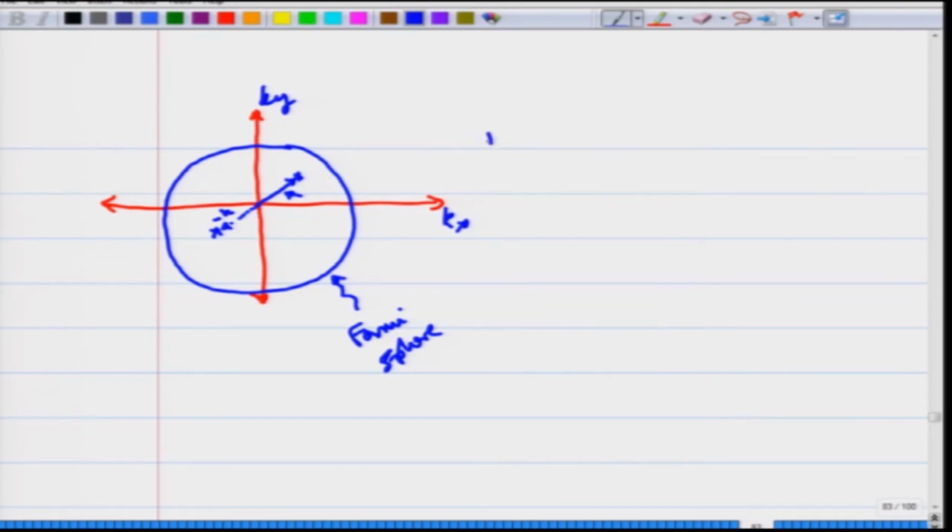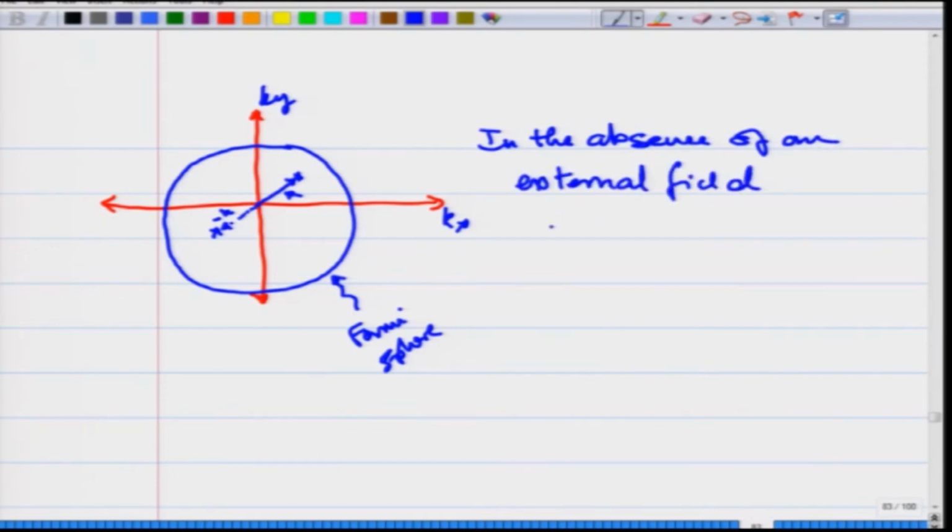So, in the absence of any external field, the total center of mass momentum of the system is 0. This is consistent with the equation dp by dt equal to minus p by tau.